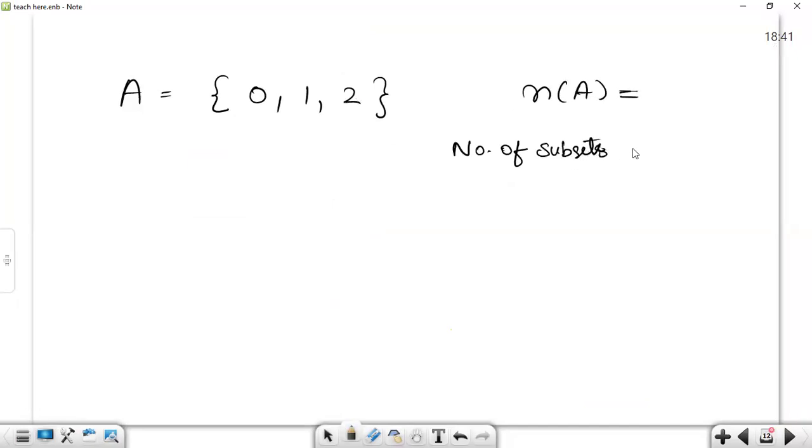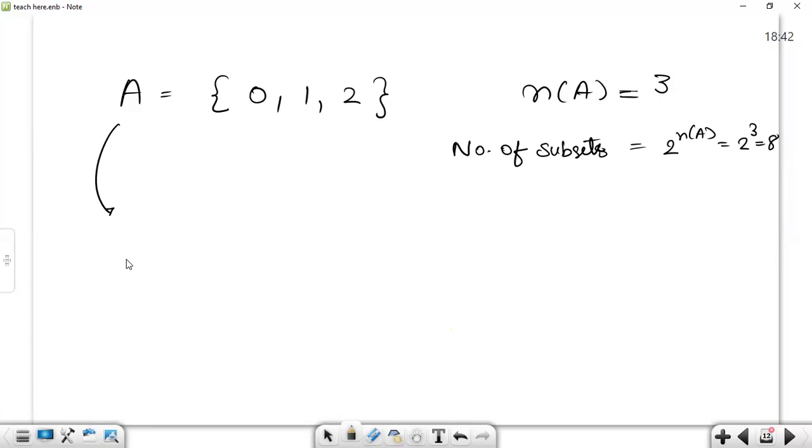Don't sleep. Please respond. How many elements are there in the set A? Yes, Tanish. 3 elements. Good. So there are 3. So 2 raised to power 3 is what? There should be 8 subsets. Let's try to make the subsets.